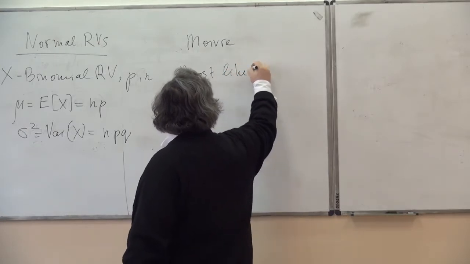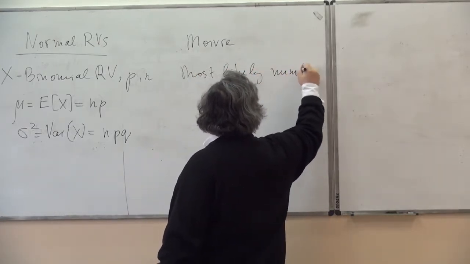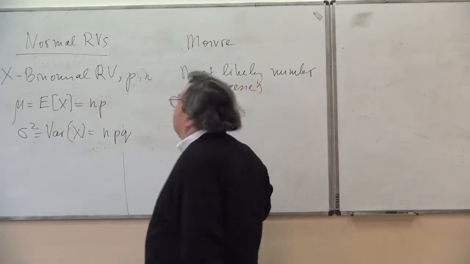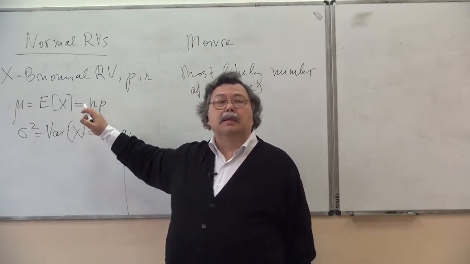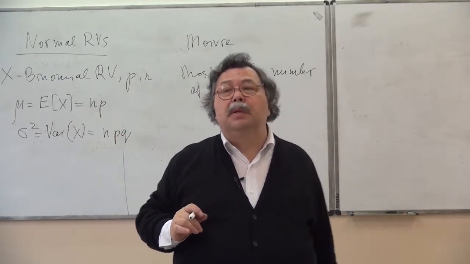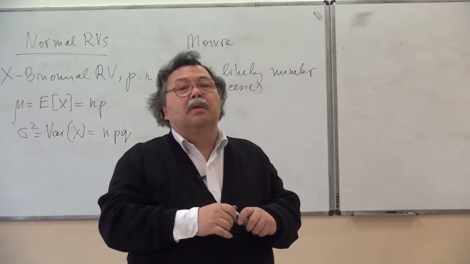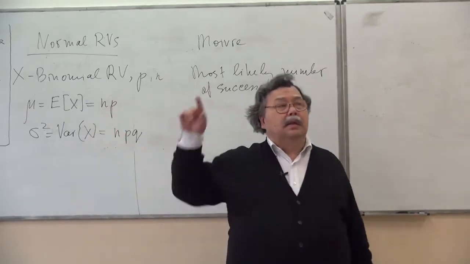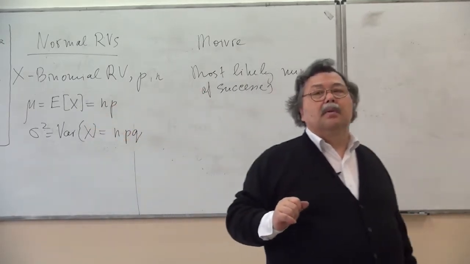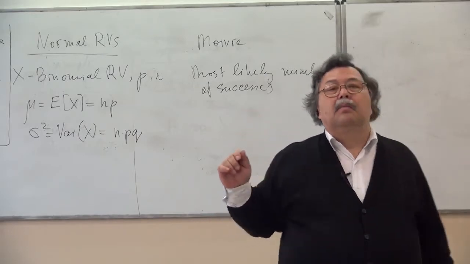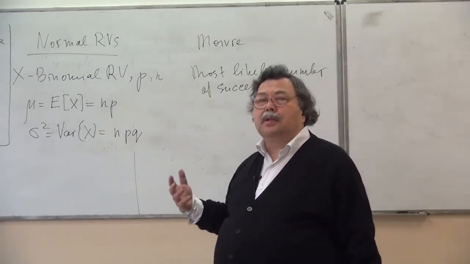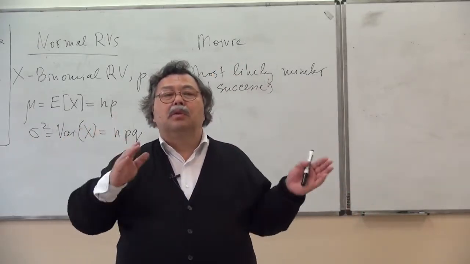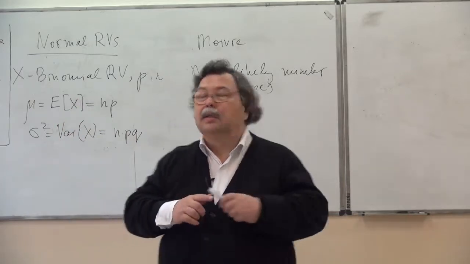This gives us an idea of what we should expect: n times p. But n times p doesn't have to be an integer. If n times p is an integer, then it's the right answer. But if n times p is a fractional number, then the most likely number of successes is one of the two neighboring integers.